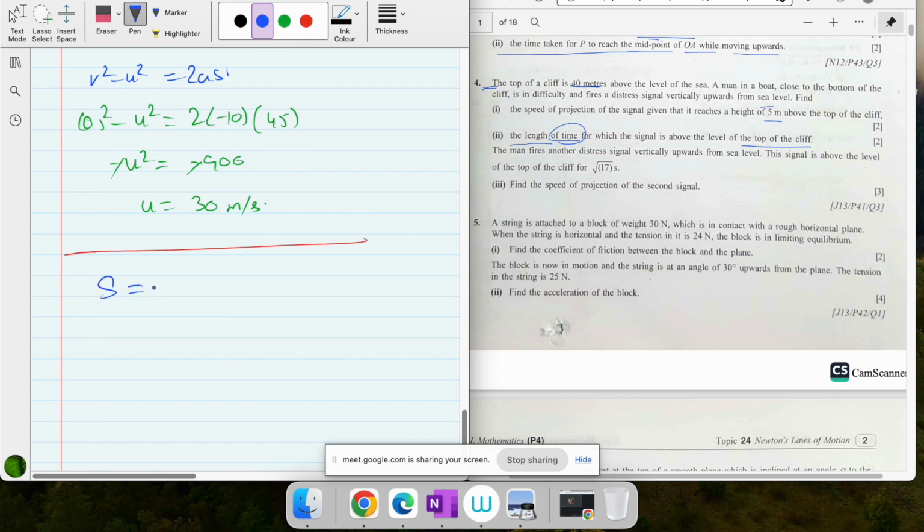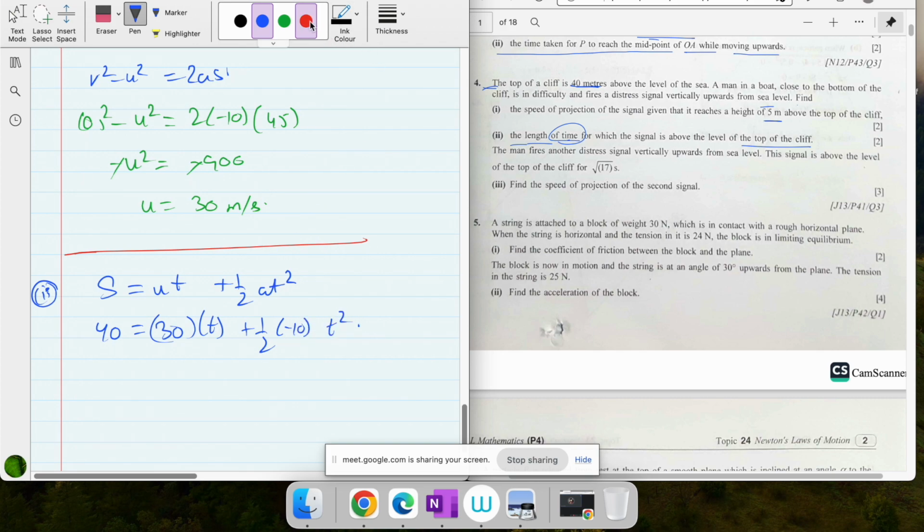The displacement is equal to ut plus half at squared. Displacement is 40 and initial speed we just found out is 30. Time is unknown, acceleration is minus 10, time again is unknown.